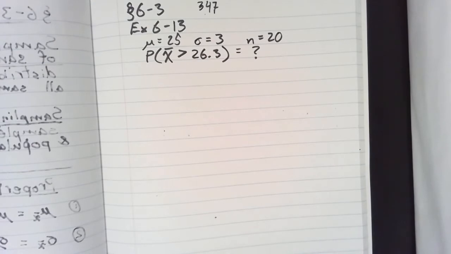Notice we don't actually have to assume that the variable is normally distributed, but it's a nice bonus. The giveaway is that we are selecting 20 children in this age range randomly, and we're asked the probability that the average number of hours that this sample of 20 children watches will be greater than 26.3 hours.